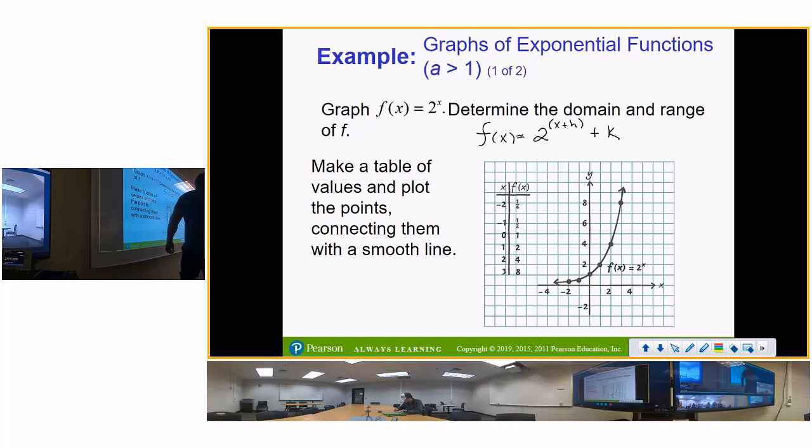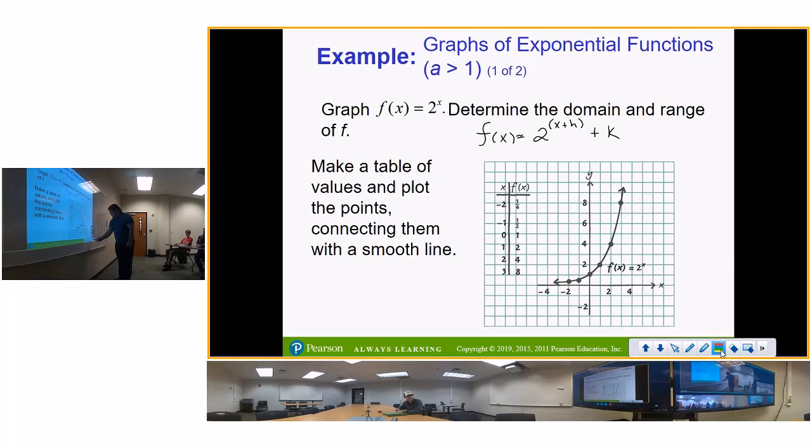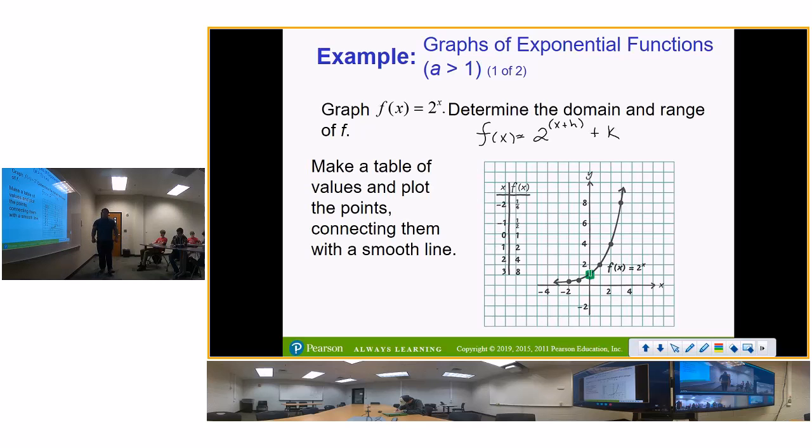Not by the origin now, you go by this guy. You go by the 0, 1. That's the point you move with the vertical and horizontal shift. Everybody understand?